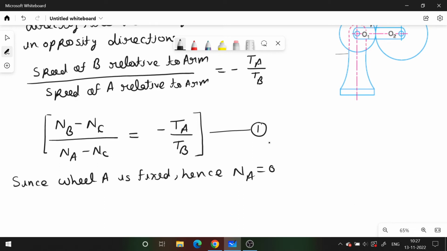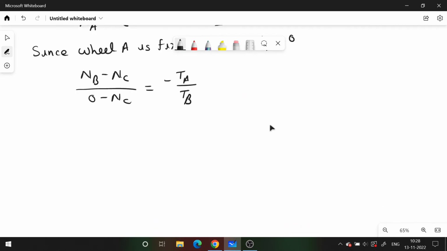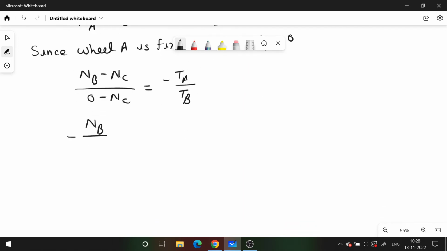Then from the above equation, NB minus NC over 0 minus NC is equal to minus TA upon TB, or NB upon NC plus 1 is equal to minus TA upon TB.